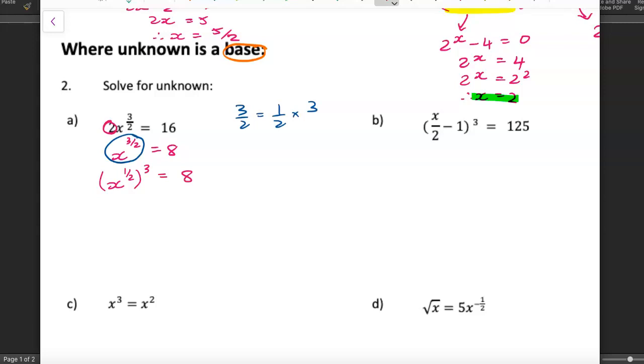So what we're now wanting to do is remove a power of 3. Now if we want to undo what is power of 3 or a cube, we would cube root. So if we think about that idea of going through and cube rooting both sides, the power of 3 would disappear. So we could cube root the left side and cube root the right side.